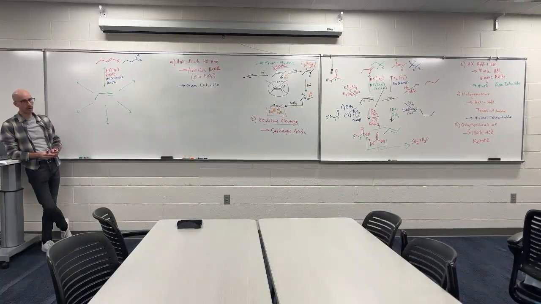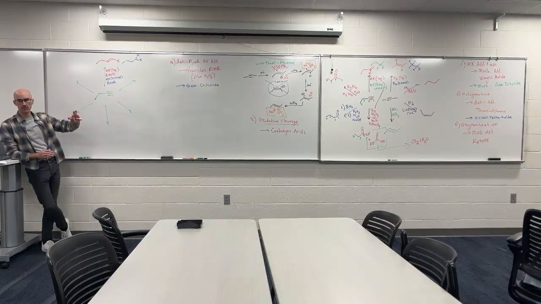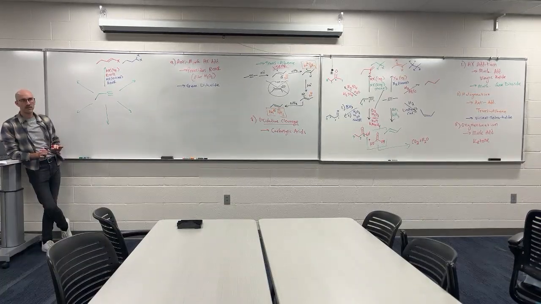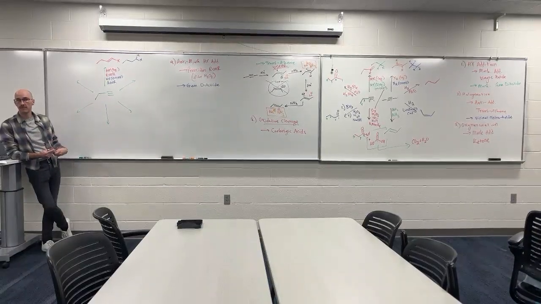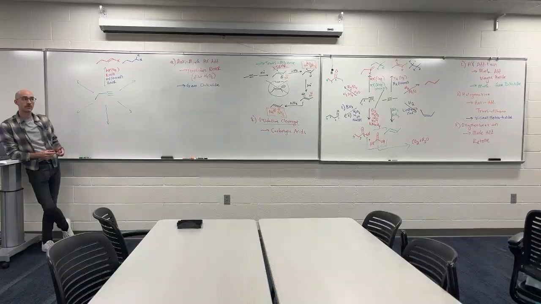Can you remind me why HX addition was Markovnikov? And don't give me Markovnikov's bullcrap answer. Tell me the mechanistic reason why HX addition added Markovnikov. What charge needed to be stabilized?